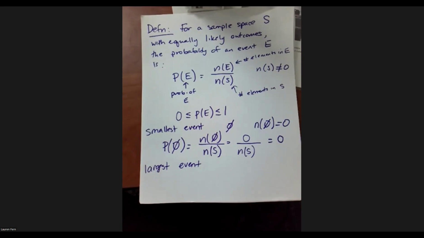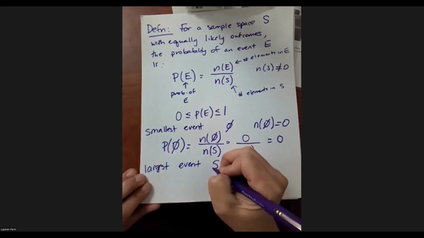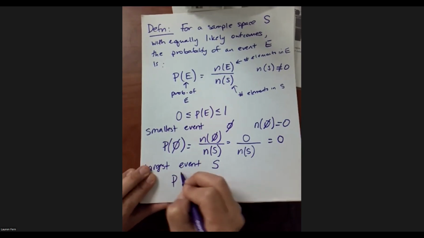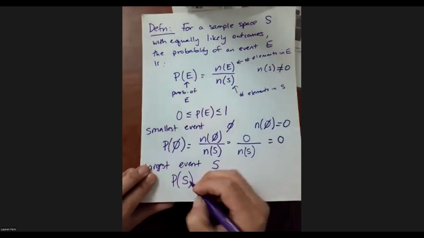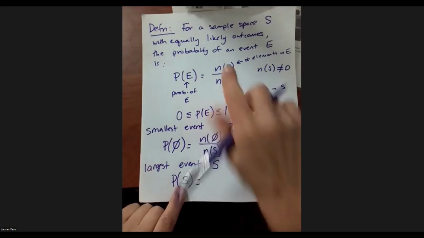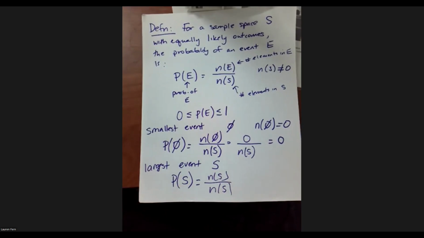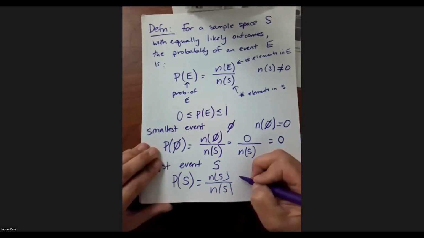So the largest an event could be is all of that. Okay, so I claim that the largest an event can be is the actual sample space. Well, using this formula up here, the probability of the sample space is the number of elements in the sample space divided by the number of elements in the sample space. And what is any number divided by itself equal to? 1.